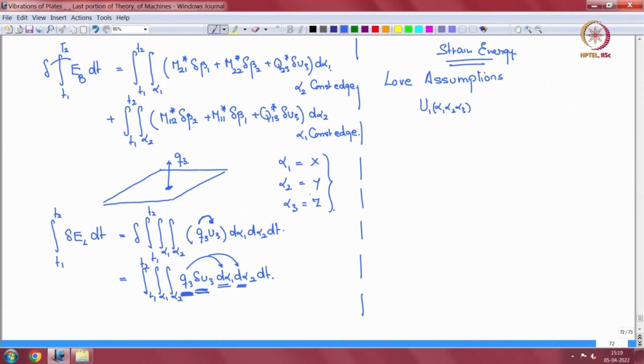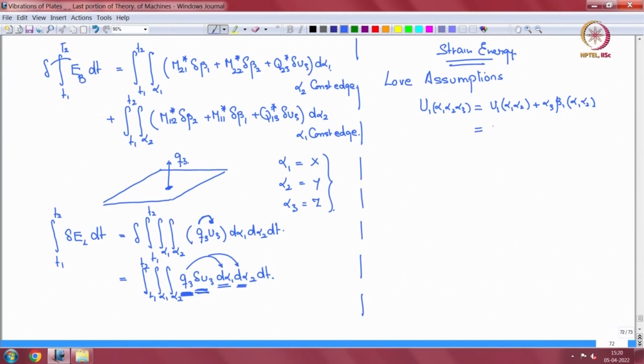I am using the same notation so that students find it convenient. So this is equal to small u1, which is a function of alpha 1 alpha 2, plus alpha 3 beta 1, which is also a function of alpha 1 alpha 2, but in this case we are straight away going for pure bending.